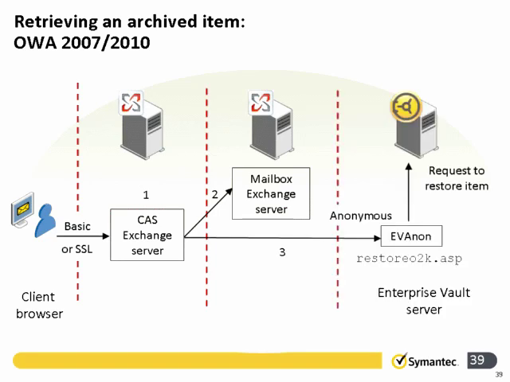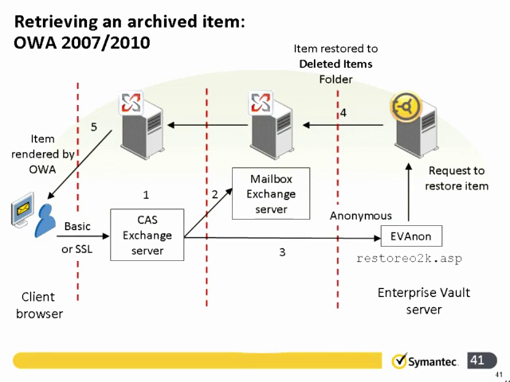We'll basically go straight from the client access server back to that EV Anon virtual directory that was created on the Enterprise Vault server through the Restore O2K page to request to restore the item. As earlier, we will restore that item on the Exchange mailbox server role to the deleted items folder, and then we will render that item back to the Outlook Web Access using the common Outlook Web Access connection.